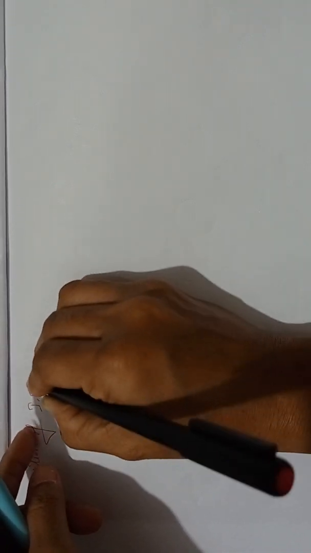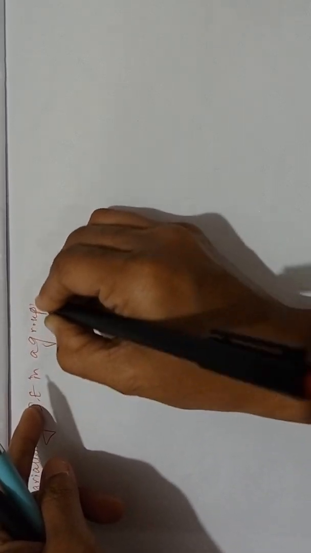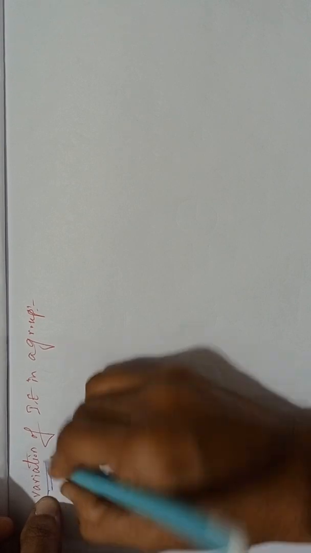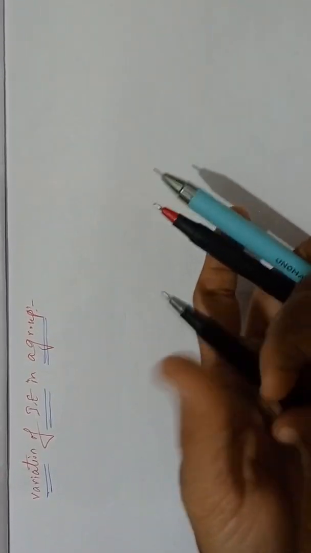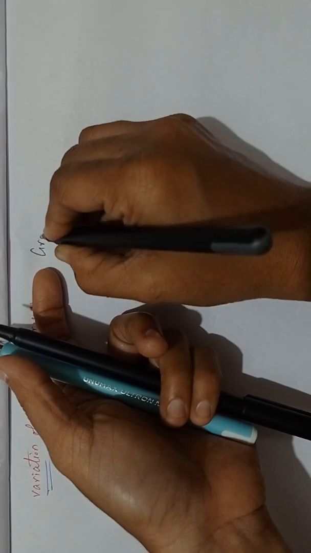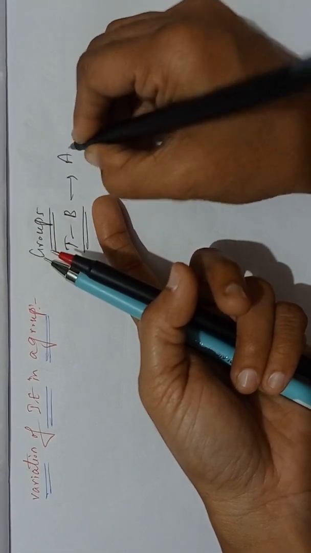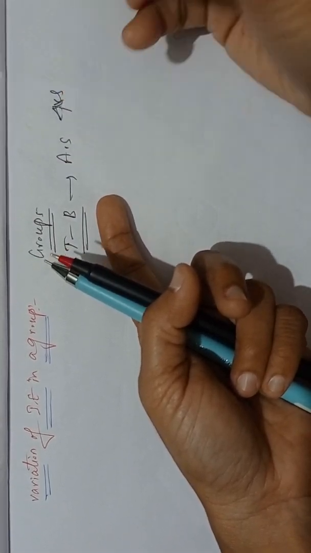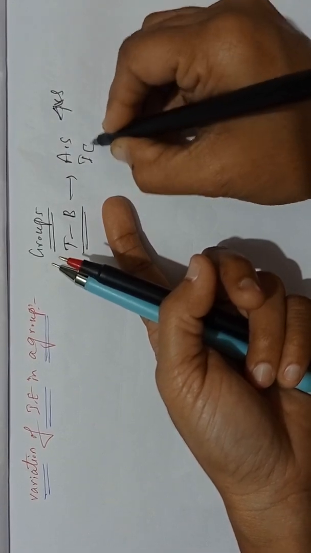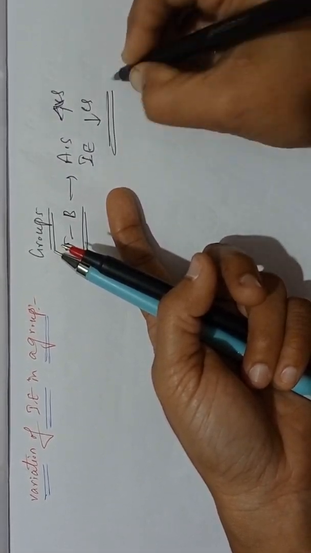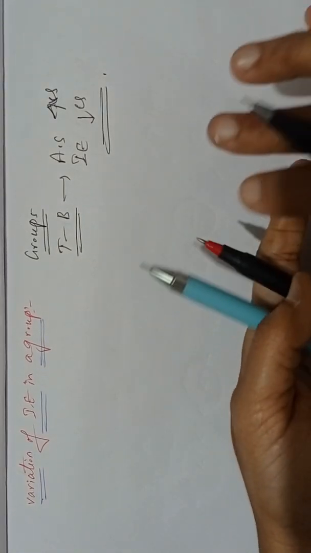See, students, variation of ionization energy in a group: how does it change? In groups, from top to bottom, atomic size increases and ionization energy decreases.